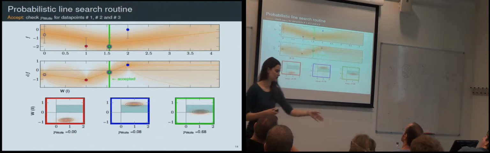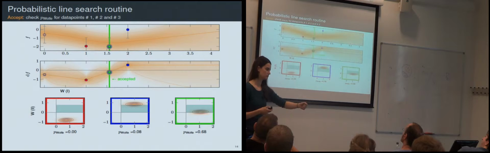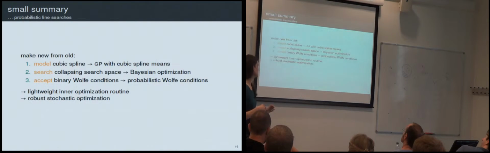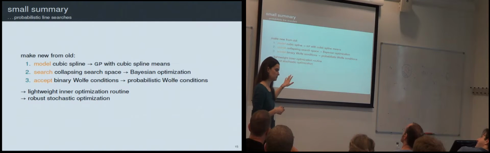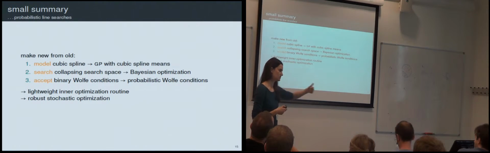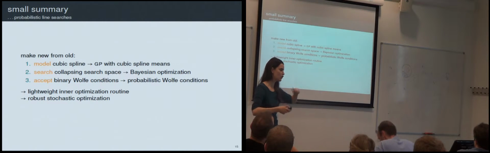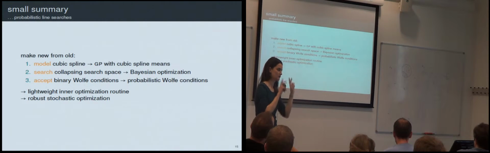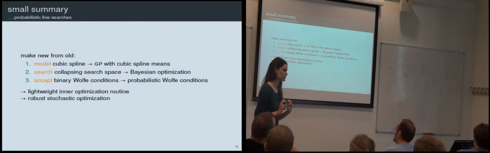You evaluate once, and it checks some Wolfe conditions and says, yes, good, and goes on. In the end, that's also what it does in 80–90% of the steps. It just accepts. Only if the step is very wrong, it should evaluate once more and waste one function evaluation.